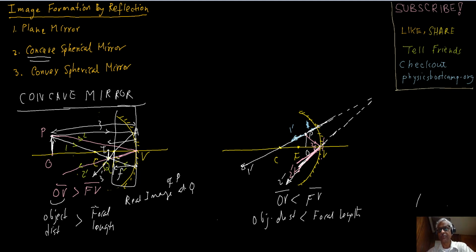You go somewhere they're going to meet. So this is where they're meeting. I'm just going to call it the image point. So this is where the image will be. So if I were looking from this direction, of course we're going to see the object, and we're also going to see something back there. Okay, and that will be the image.